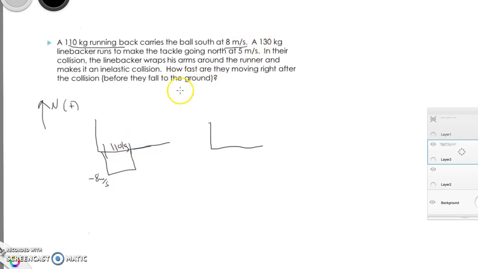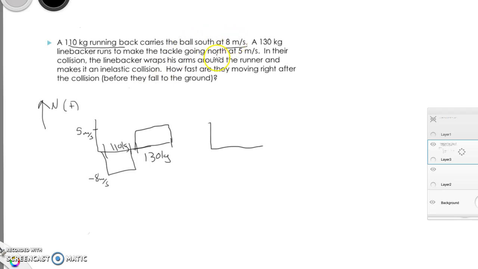Meanwhile, a 130 kilogram linebacker is running north, which is positive, at 5 meters per second.